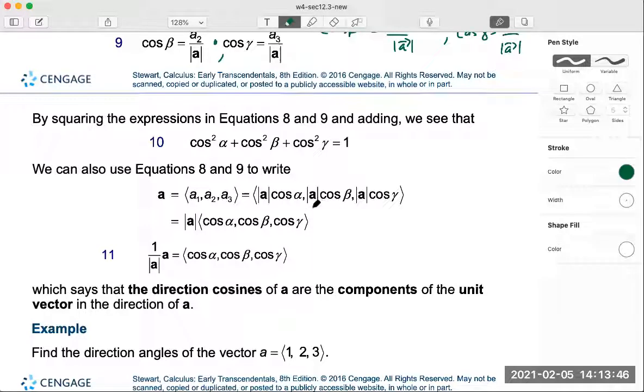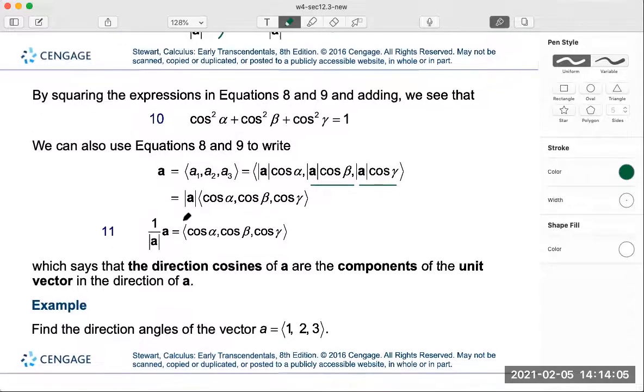Similarly, A2 will be the magnitude of A times cosine beta, and A3 the magnitude of A times cosine of gamma. From the properties of vectors, each of them has a term of magnitude of A, so we can factor it out, right? Then we divide both sides, left and right hand side, by the magnitude of A.